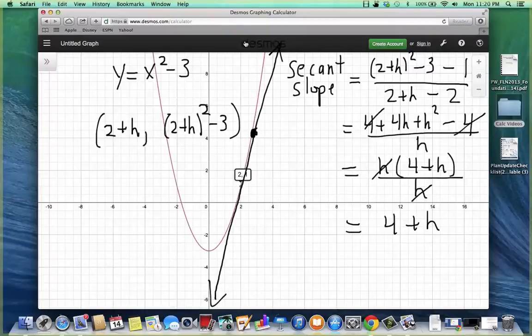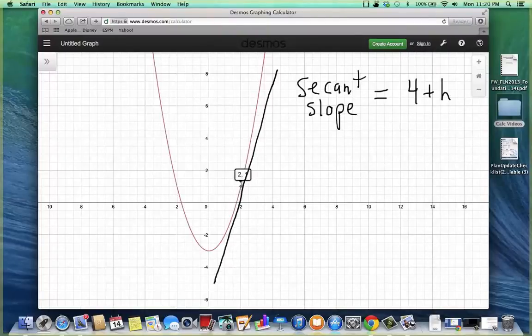So we see that for a small positive number h, the slope of the secant line will equal 4 plus h. So what if h gets arbitrarily small? Then we can define the slope of the tangent line to be equal to the limiting value of 4 plus h as h gets very, very small.